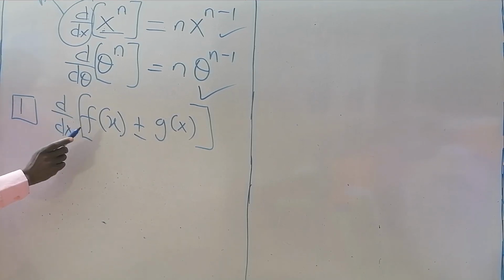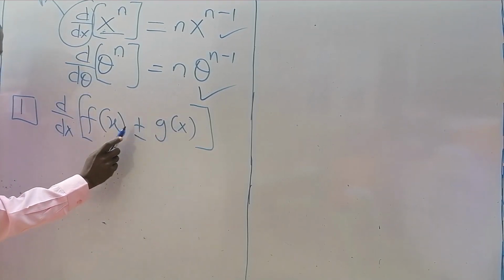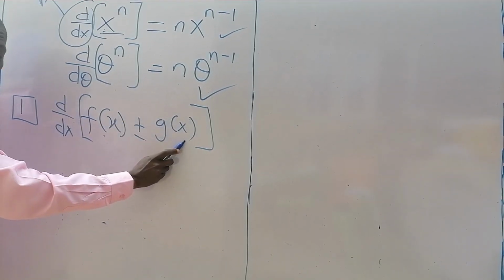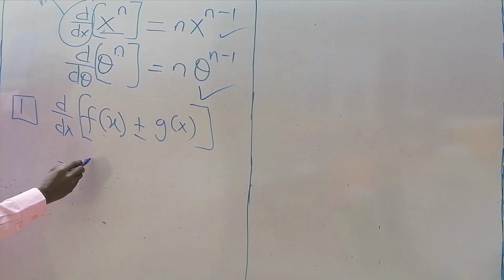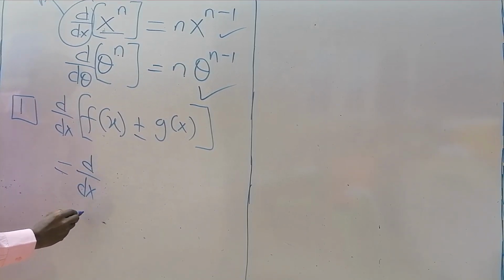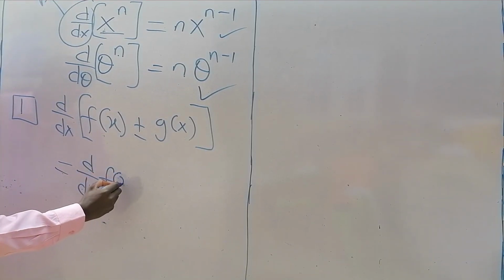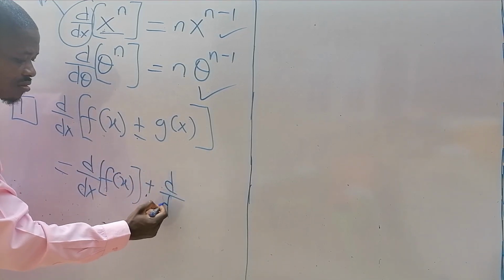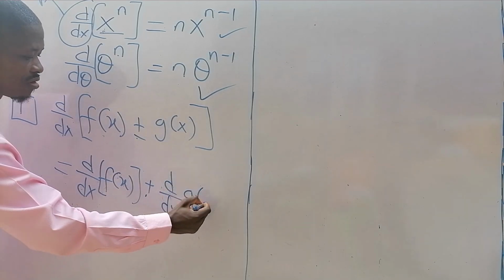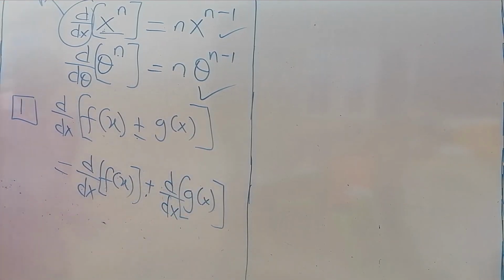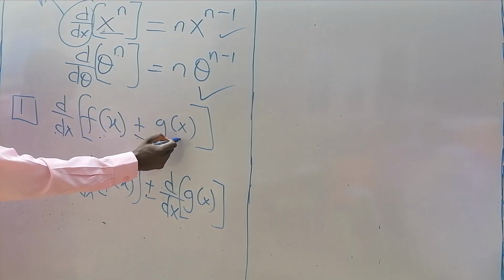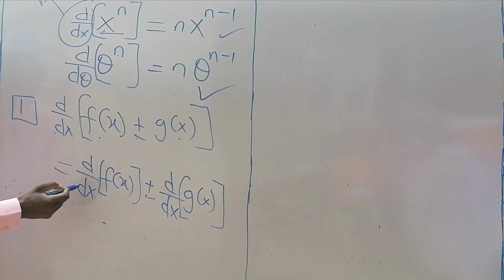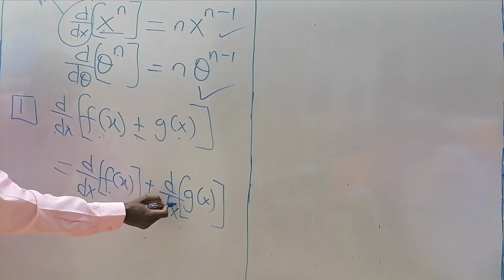The derivative of these two functions, it could be a sum, it could be a difference, is going to be equal to d/dx of the first function, plus, or minus depending on what you have, d/dx of the second function. So what we are saying here is that the differential coefficient of a sum of functions will be equal to the differential of each of those functions.